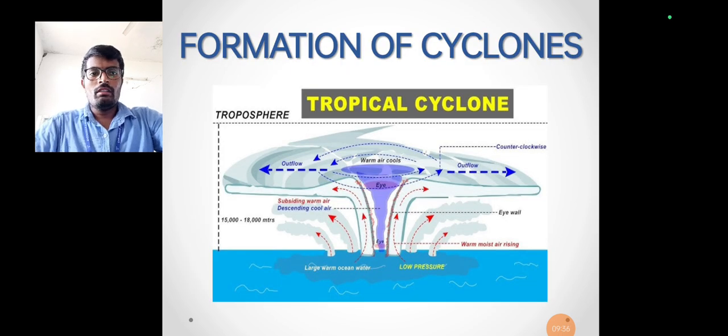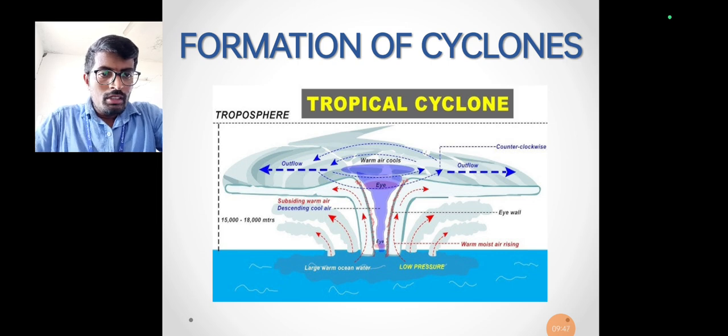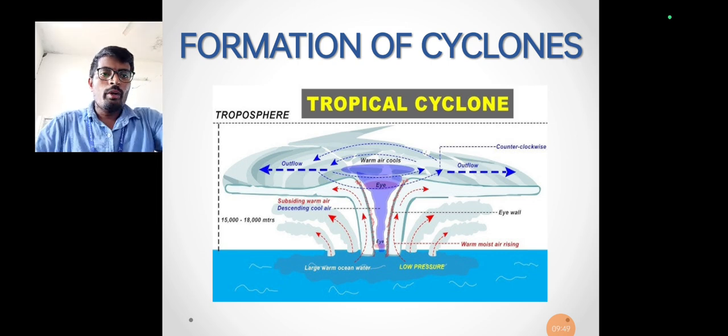So now coming to the formation of the cyclone, you have clearly observed that the blue color represents the ocean water. In this ocean water, the center blue color point represents the eye, and the surrounding red color arrows represent the warm moist air rising.